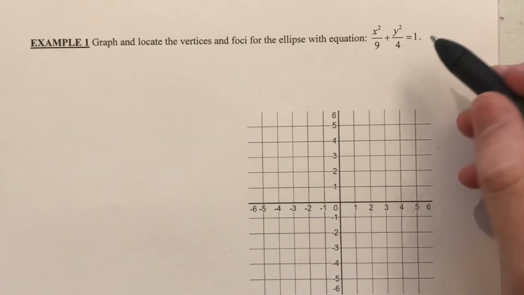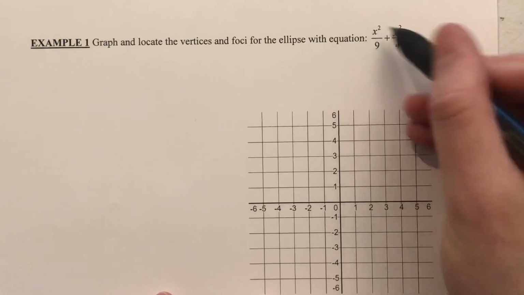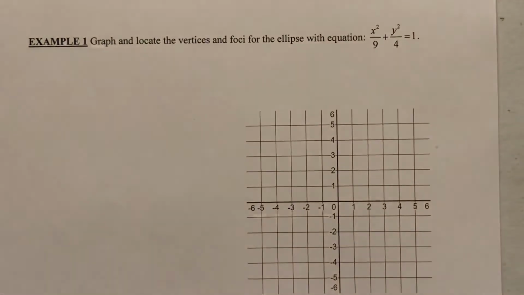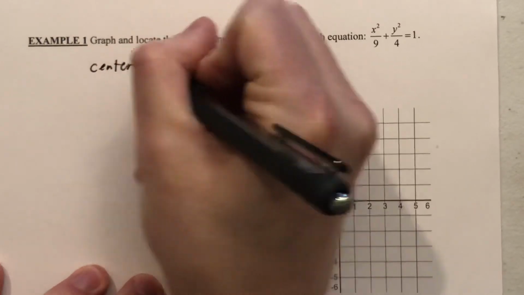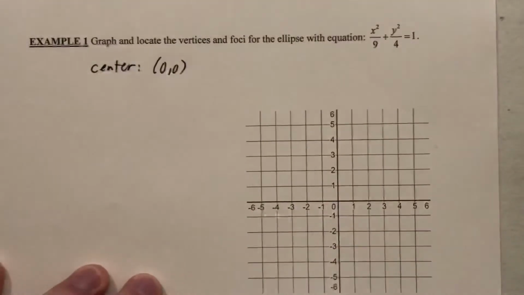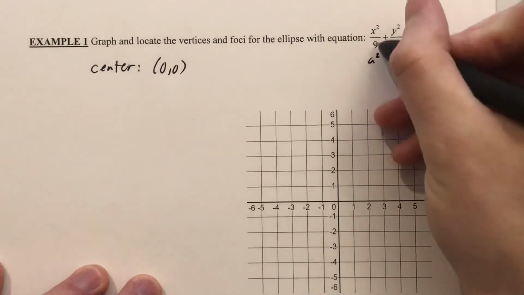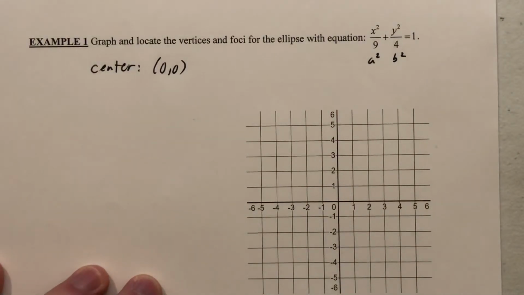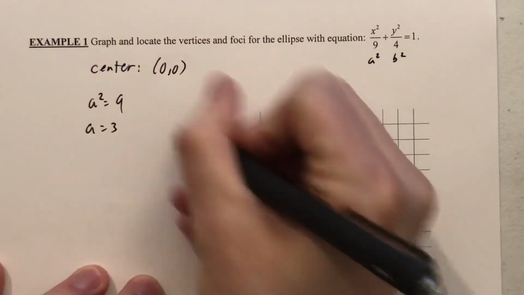And so for one quick example of an ellipse centered at 0, notice I say it's centered at 0 because I see just x squared and y squared. No pluses or minuses there. So I'll even point that out as that will change as we move on to the next pages. Center of 0, 0. And so I'm going to call that a squared and b squared pertaining to the x and the y. So if a squared equals 9, well then a equals 3.